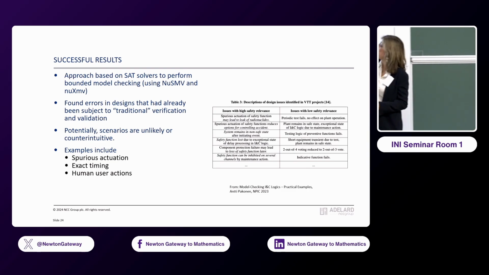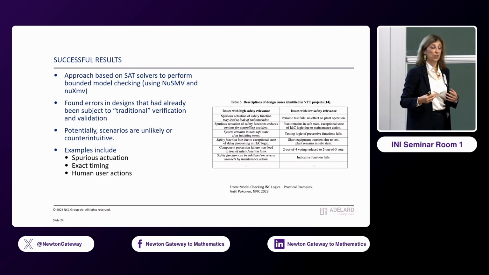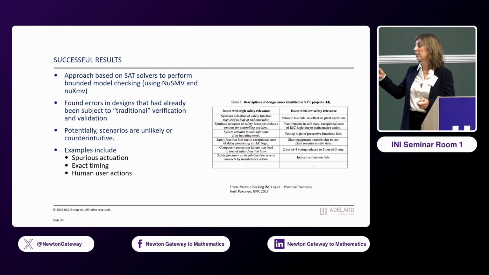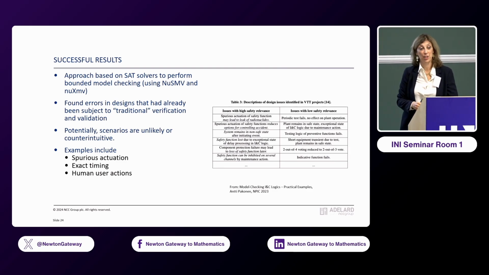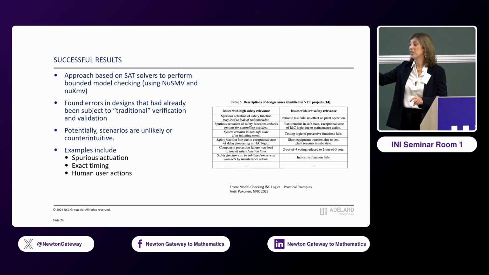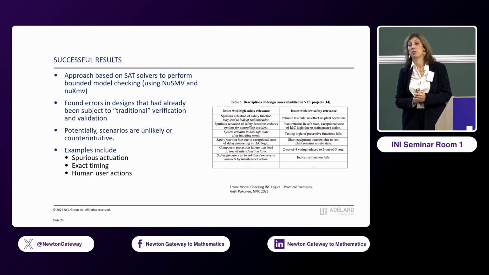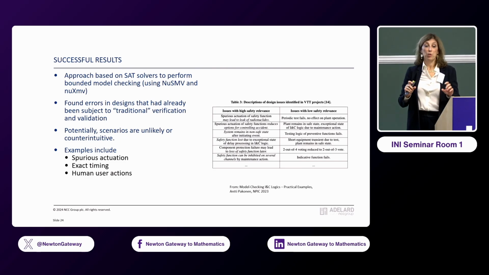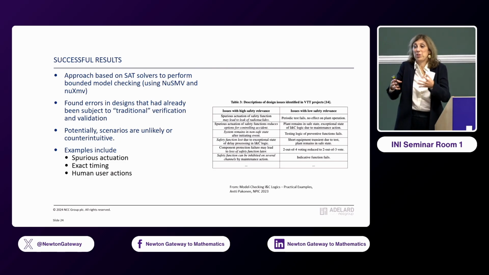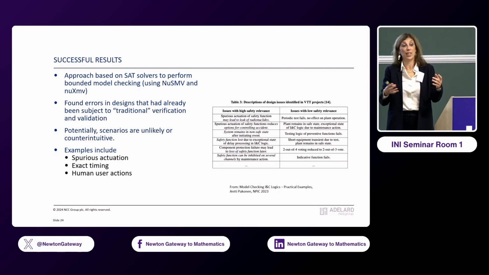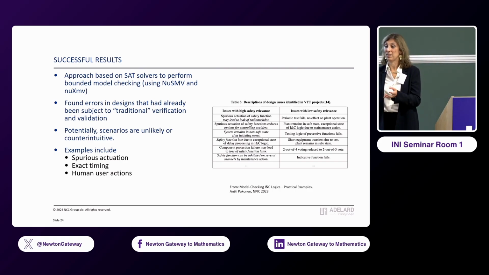Some of the examples of things found with model checking were where the logic was wrong because of spurious actuations. The other interesting thing, which we found in one of the examples we worked on before, is timing issues. When you test, you test within a certain time frame that might not be exactly the same as when things happen in the plant.